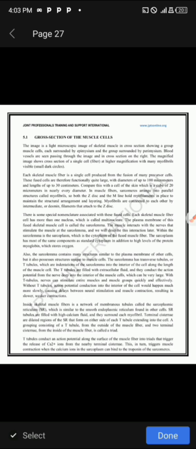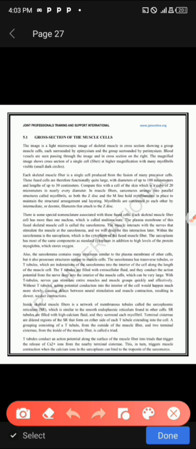Blood vessels are seen passing through the image. It is talking about how blood circulates in the muscle, and how the fiber works.